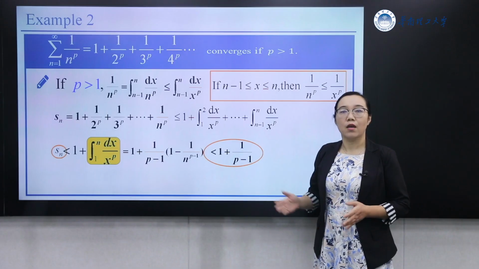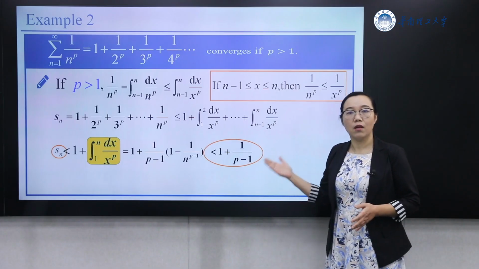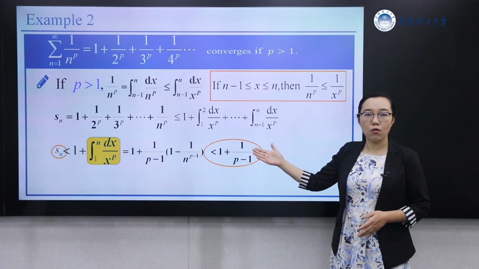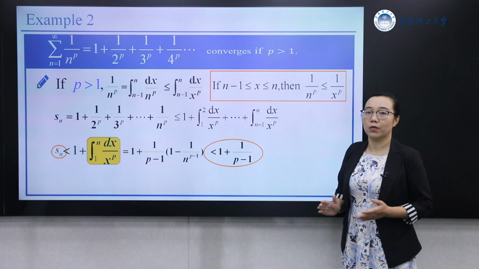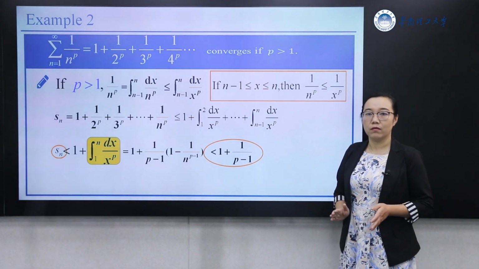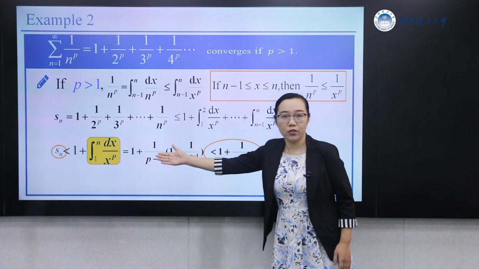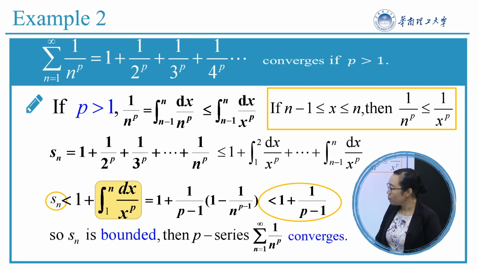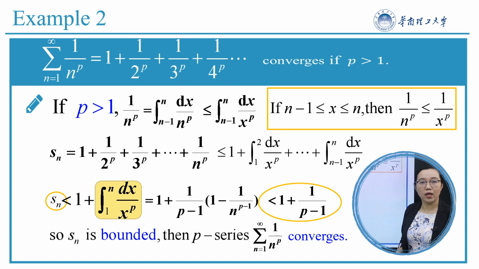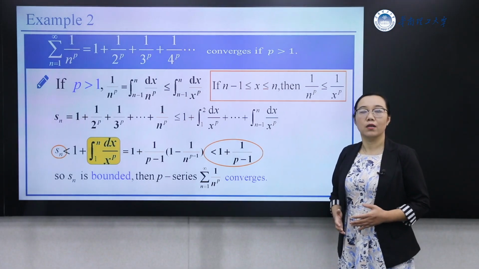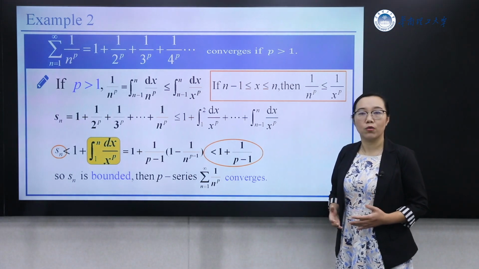We obtain Sn less than 1 plus the integral of 1 over x to the power p with the limits 1 and n. After calculation, we get the following result. So, Sn is bounded, namely, the p-series is convergent.